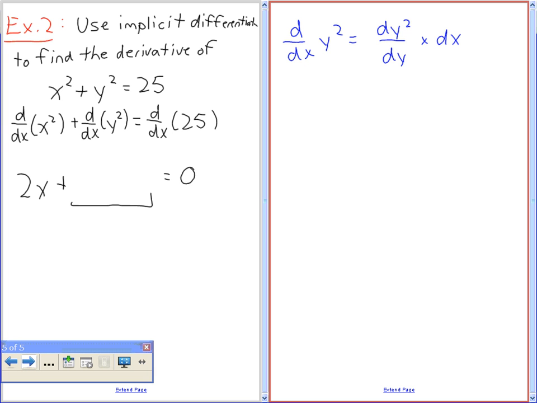That's exactly why it turns into 2y. What happened was, I just split this apart. I multiplied by dy here and divided by dy there. So I took the derivative of y squared with respect to y, which is just 2y, and I times that by dy by dx.